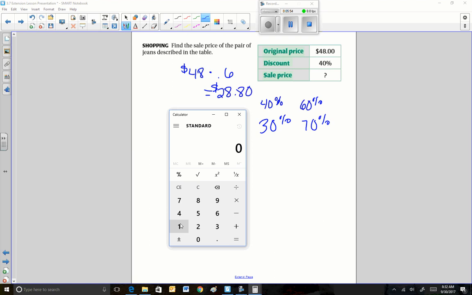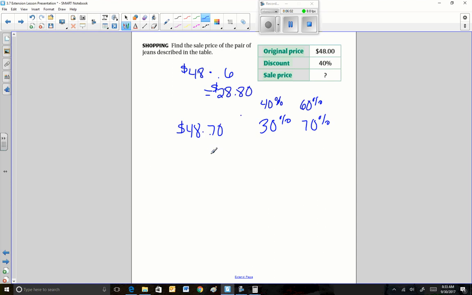Let's do the $48 times 0.70, and you get $33.60. So we would have to pay $33.60. You didn't get quite a deal that time. All right.